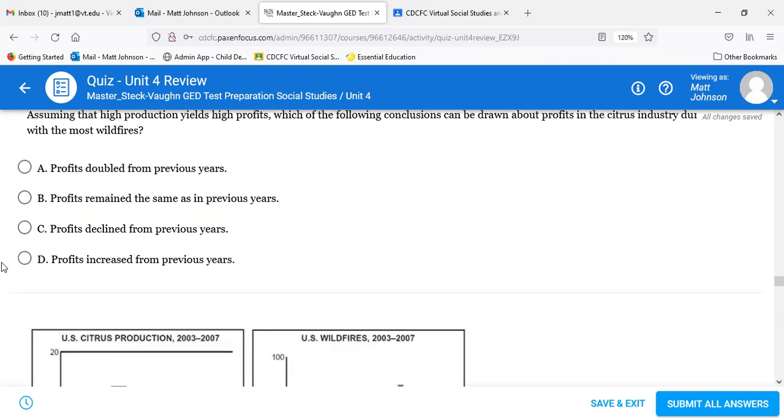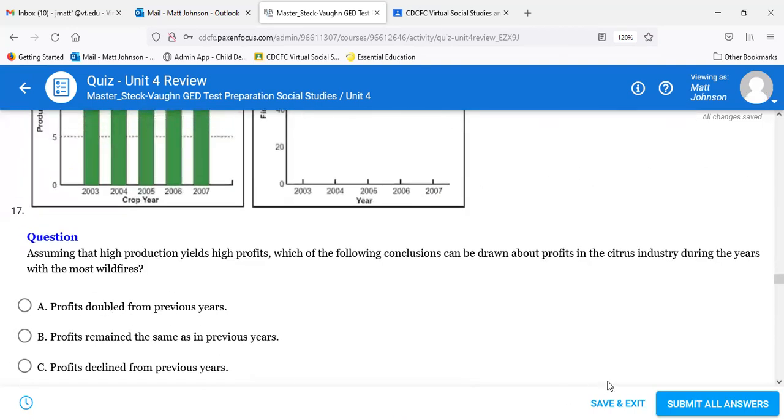Assuming the high production yields high profits, which of the following conclusions can be drawn about profits in the citrus industry during the years with the most wildfires?